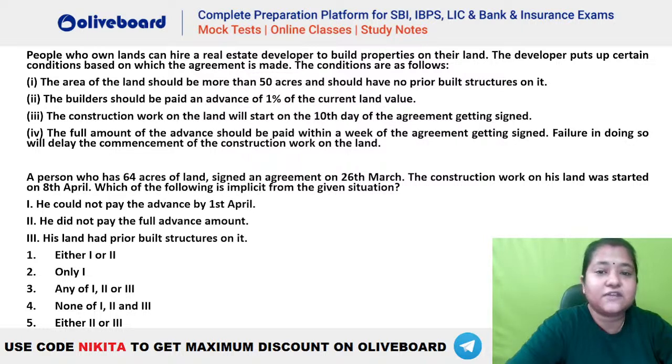The full amount of the advance should be paid within a week, right? So it has a time duration also. So it should be paid within a week of the agreement getting signed. Failure in doing so will delay the commencement of the construction work on the land. So if you are not able to pay it within the 1 week, then there will be delay in the construction here.